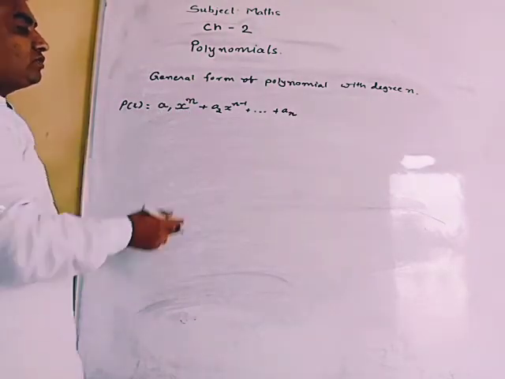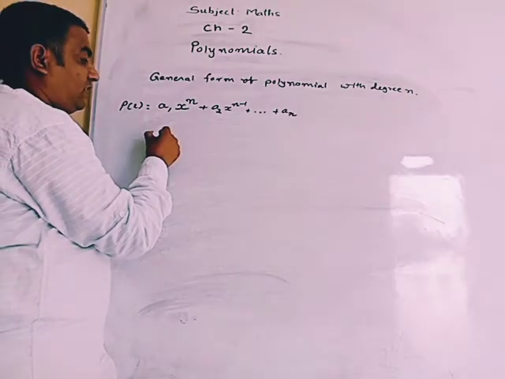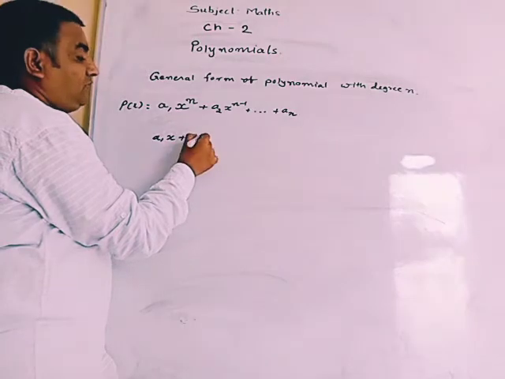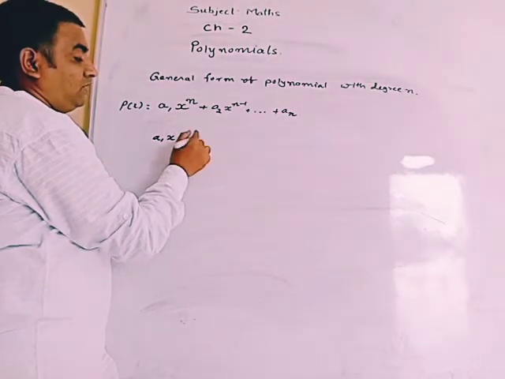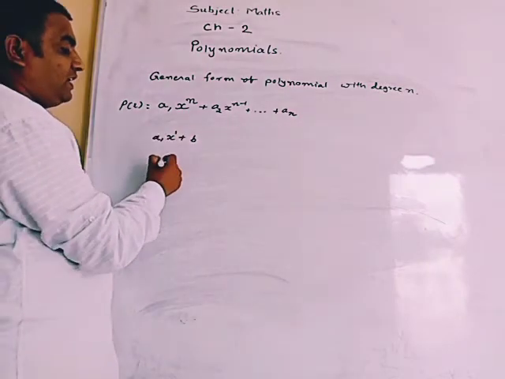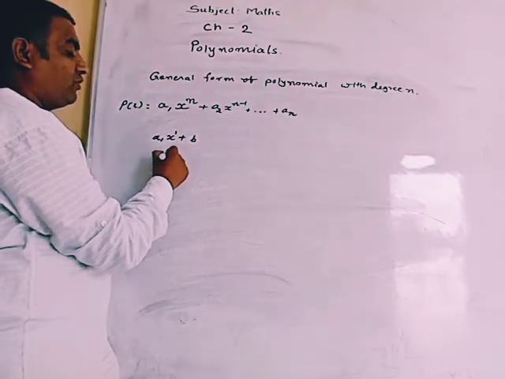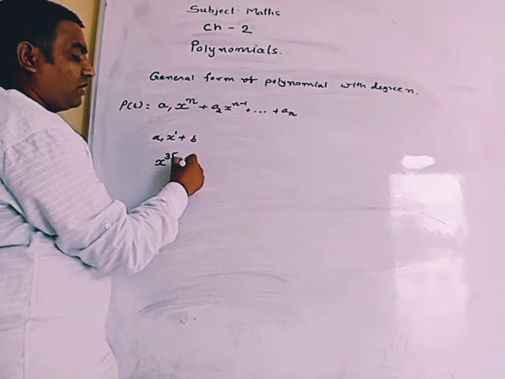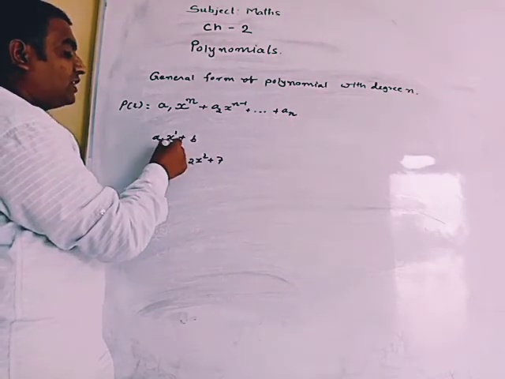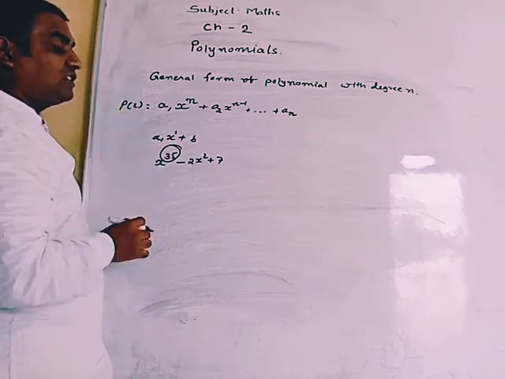Suppose we take n equal to 1, then it is a1x plus b, so degree 1. If the degree is 35, then the highest power we have to give is 35, so x to the 35 minus 2x square plus 7, and it can be written like that; we just have to see that the highest power is 35.